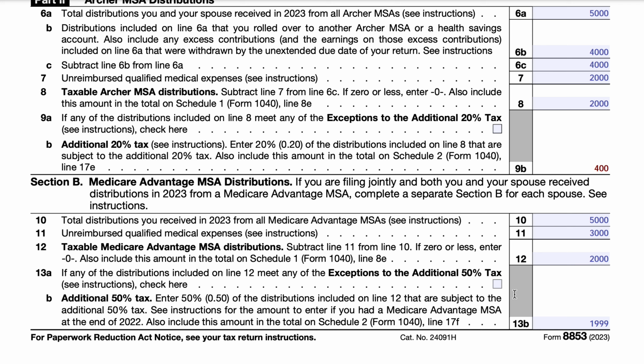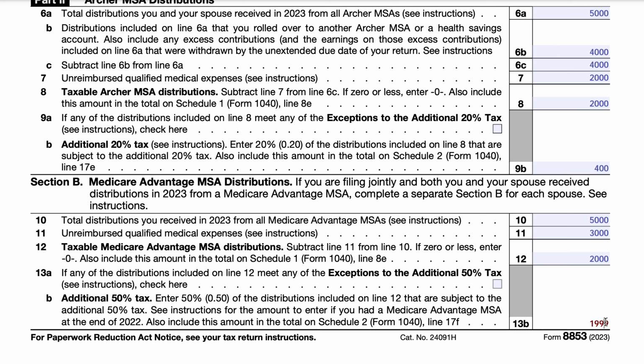So I think the intention is to steer people with a Medicare Advantage MSA into only spending their taxable distributions for medical expenses. So unless a spouse passed away or someone else in the family and you're spending out of that deceased person's account, or if there's a permanent disability, then there are no other exceptions.